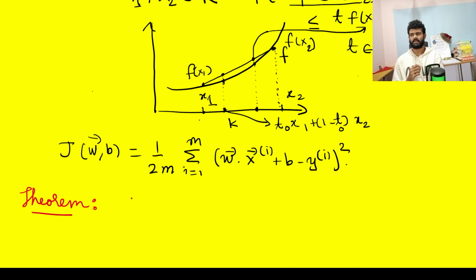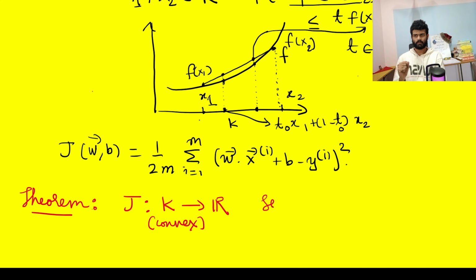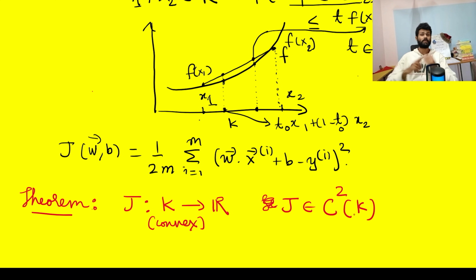The theorem states that if you have a function, any function, let me denote it by J, which takes values in the real line, and the set k is a convex domain, and assume that all the second partial derivatives are continuous, mathematically J belongs to C2(k). That means you can take all the second partial derivatives, even the mixed partials, for example, the second partial of J with respect to w_i and w_j, for different indices i and j.